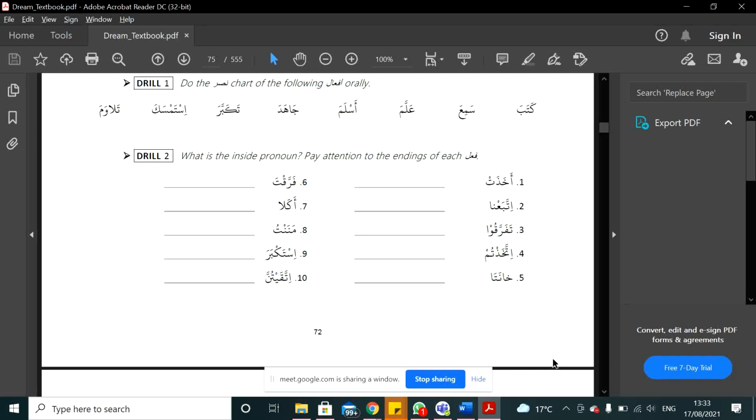Hiya khanat. Huma khanata. Both of them betrayed. Very good. Farakta. Now, Sister Hodma's turn. Farakta. Faraka means to differentiate. So now give me the chart where you find faraktu.